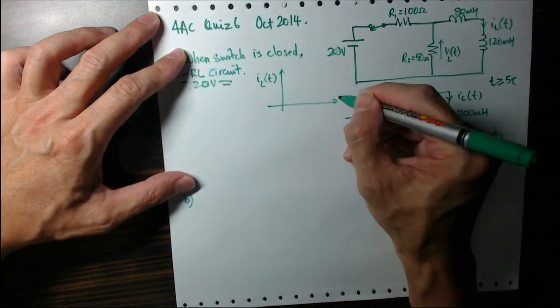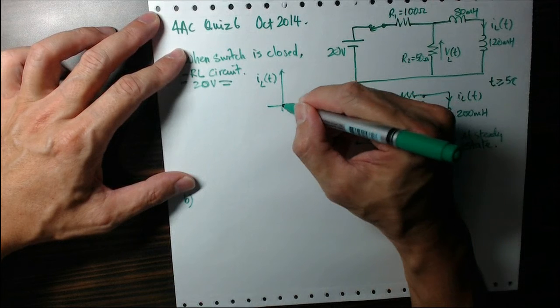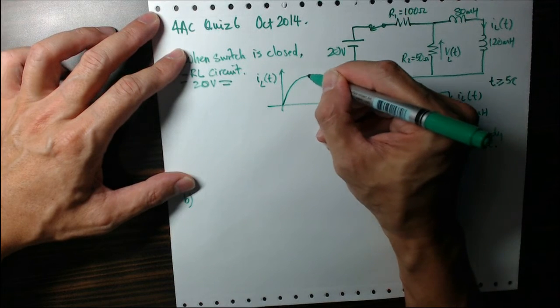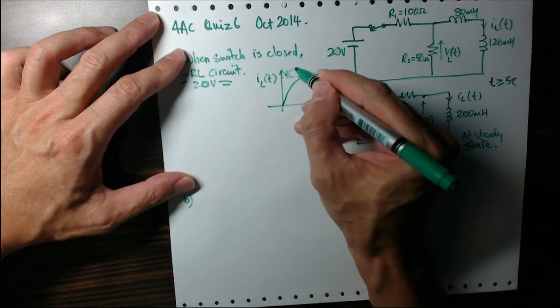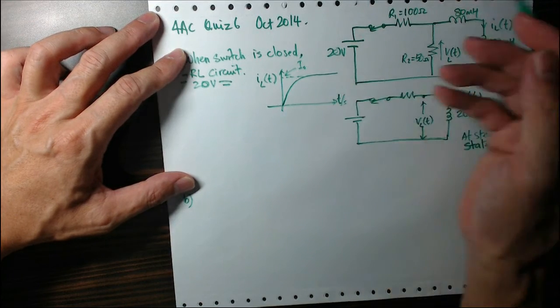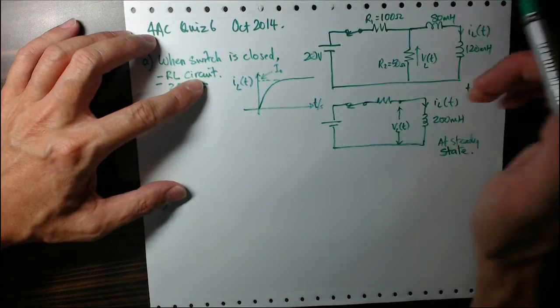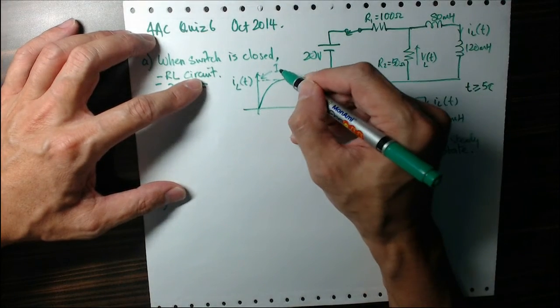Initially the current is 0, and then it slowly comes up until it reaches a maximum value, which I call IM.